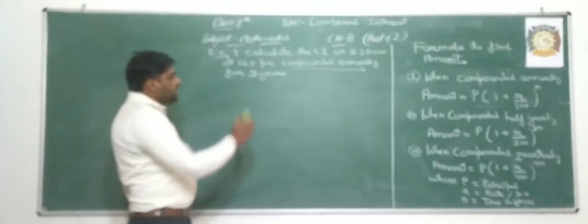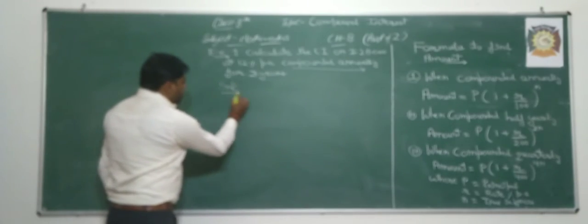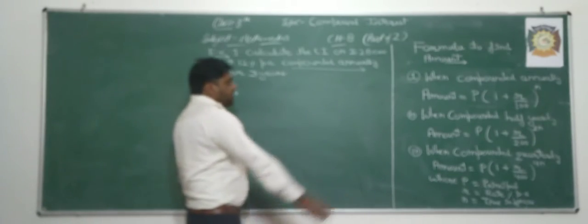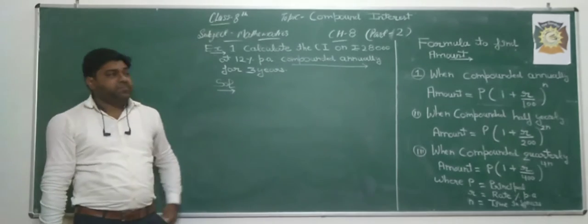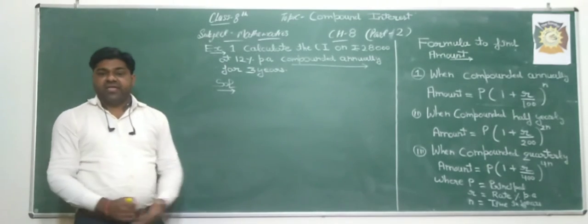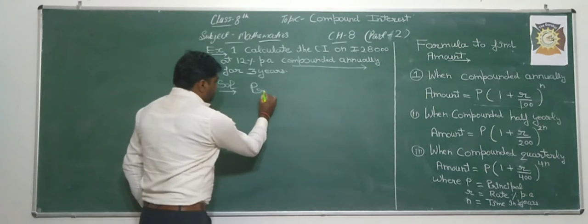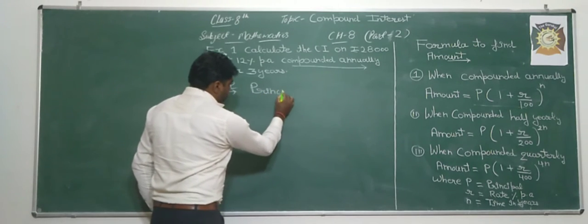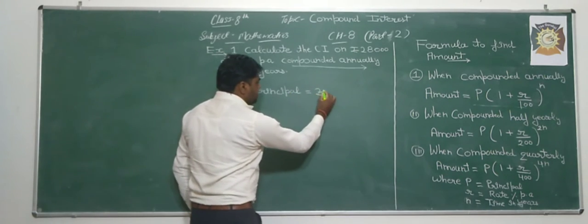First of all, write the things which are given. First given thing is 28,000 rupees, which is the principal.